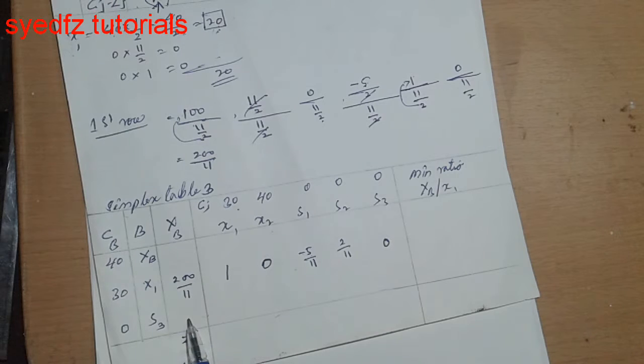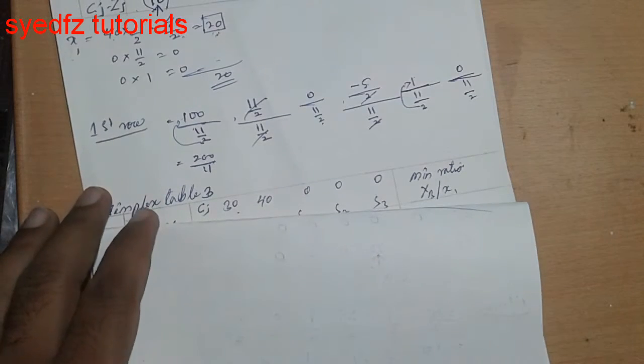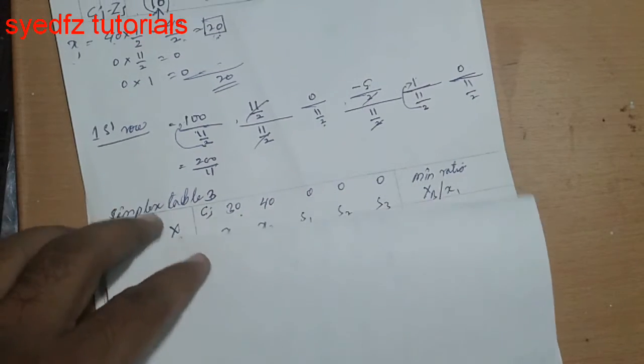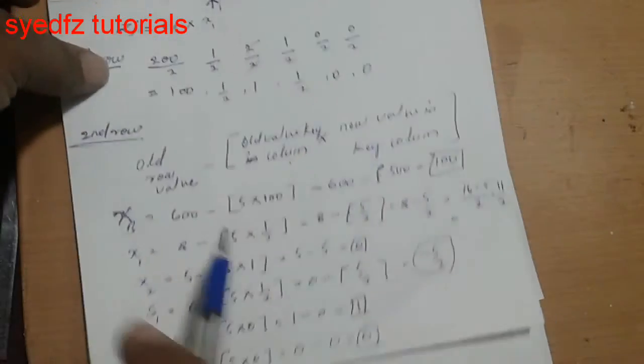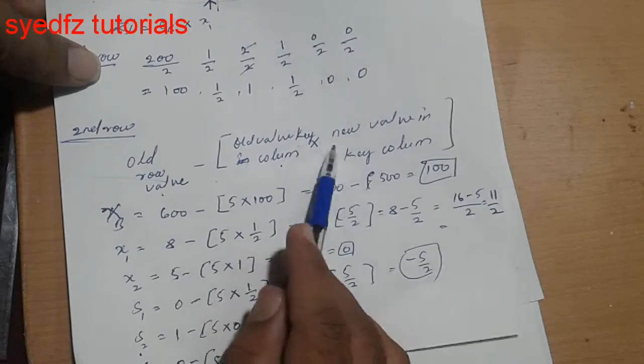But the formula I told you earlier: old value and new value. Old value and key column value. Old row value minus old value in key column into new value in key column.